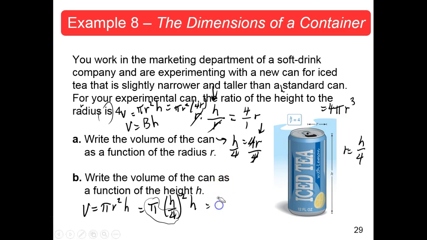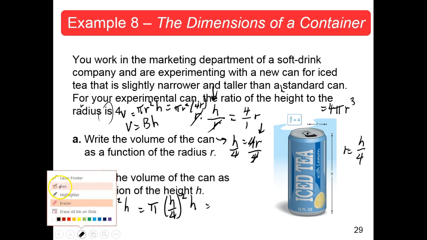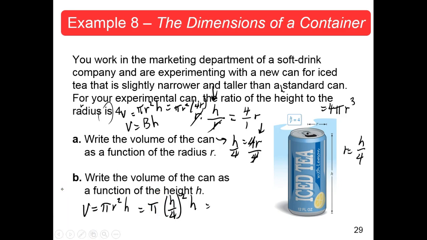Let me go back and do it. We need to raise that power. This will be pi. H over 4 squared will be H squared over 16 times H. Now we can combine the constants.